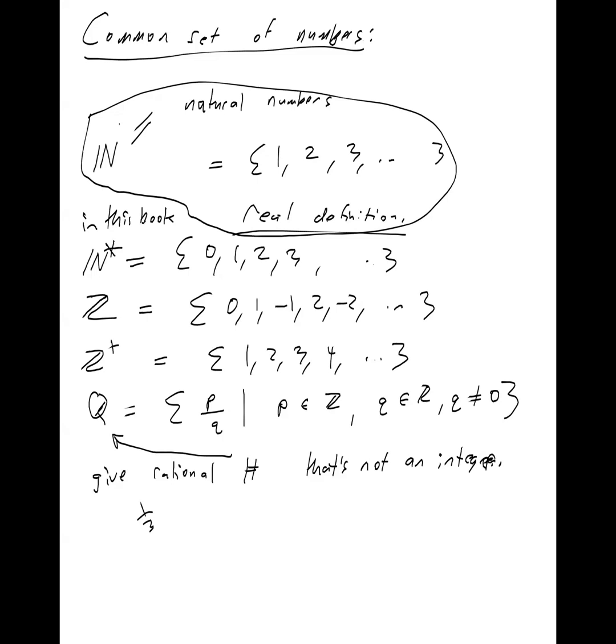And then finally, the last but not the least, well, it's actually not even the last. The set R with an extra line beside it is called the real numbers. That just means any number that's positive or negative or zero. It could be a fraction or an irrational number or a rational number.